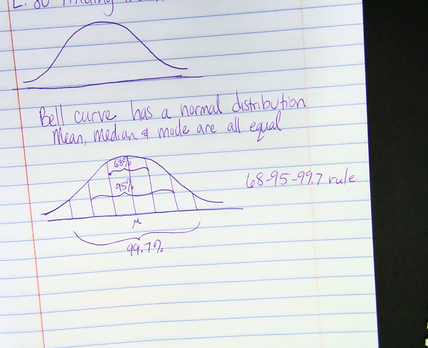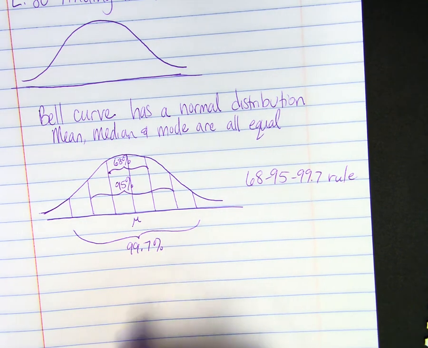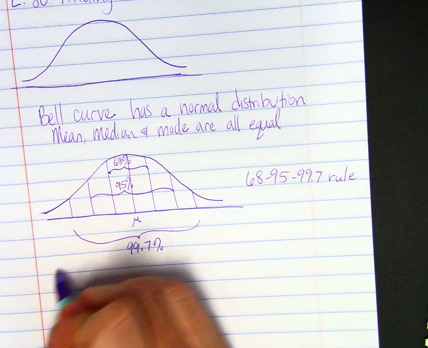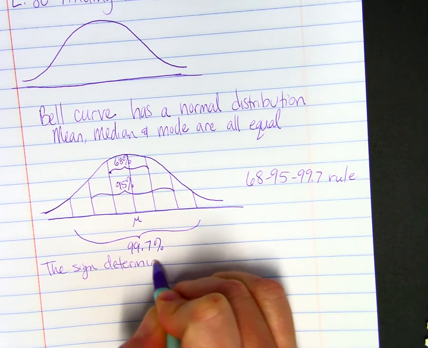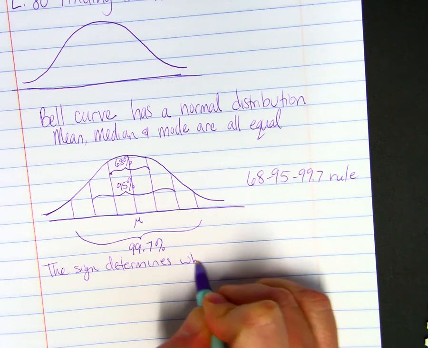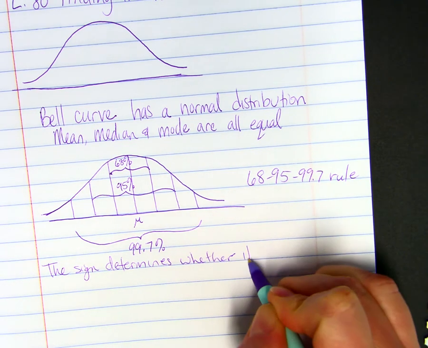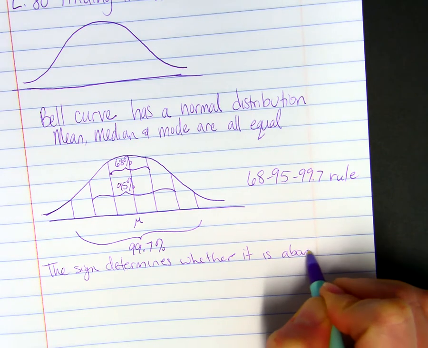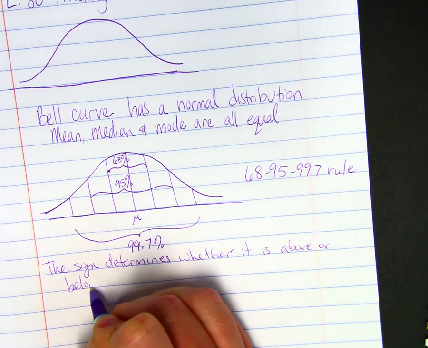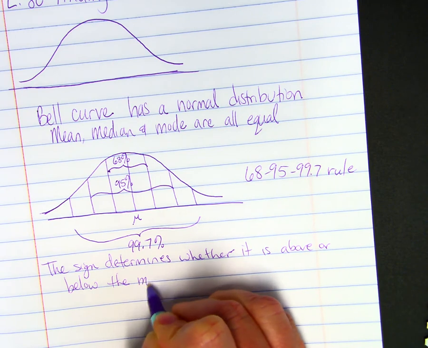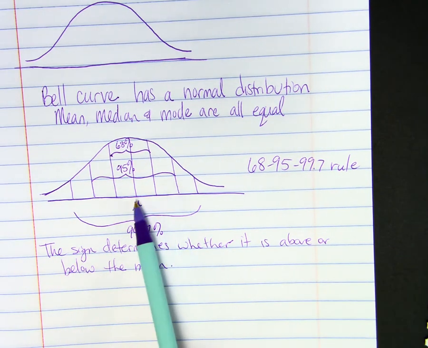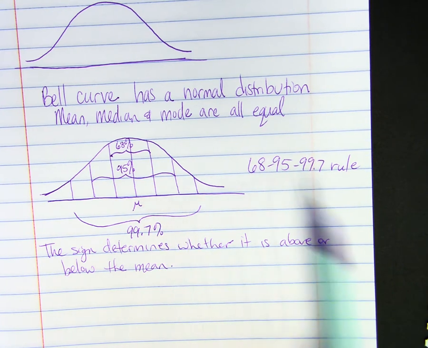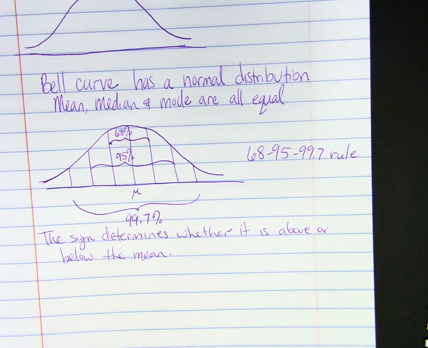So the sign determines whether it's above or below the mean. If I had a positive 10, I would know it's above the mean. If I had a negative 10, I would know it's below the mean.